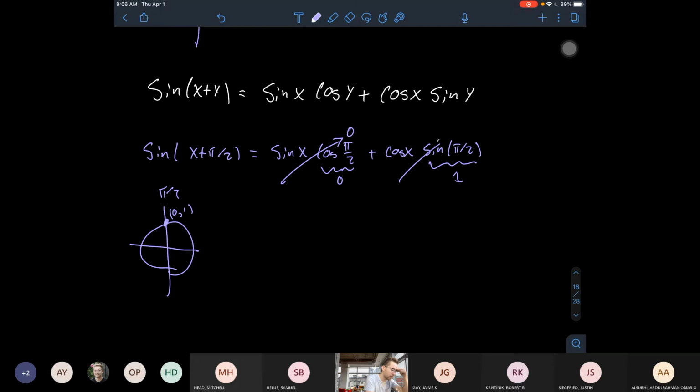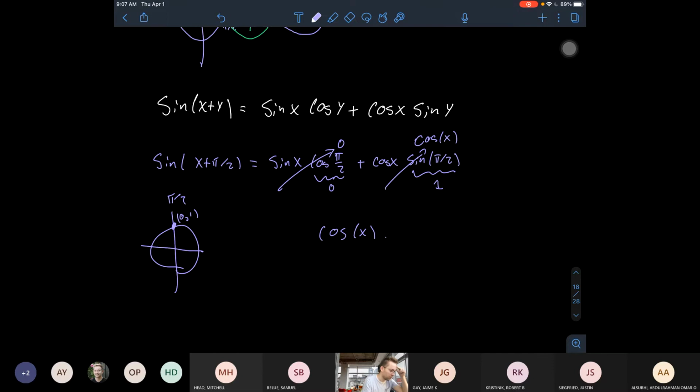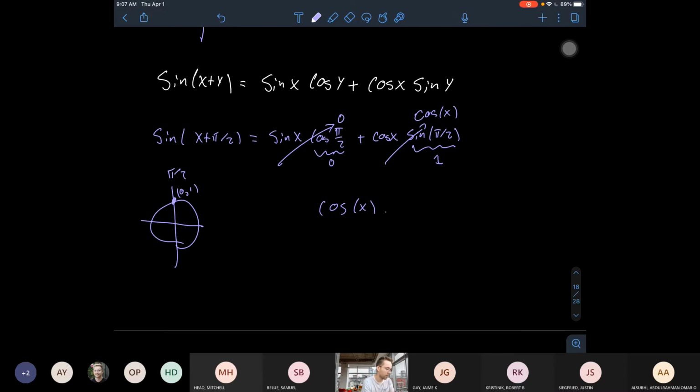And this whole term just becomes cosine x, because we multiply cosine x by 1. So in the end, we get cosine of x. So that's how we can do it using the sum and difference formulas. This is more of an algebraic method.